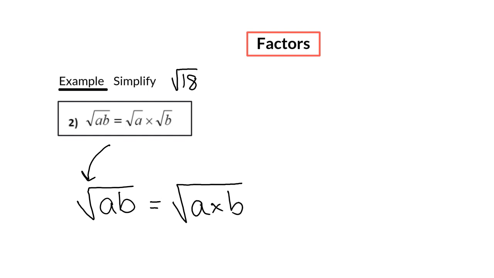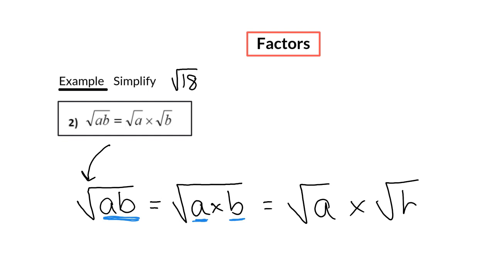What we want to do is split it into 2 factors that multiply together to give that number. And then once we have that, we can split them out into individual roots. And you notice that the square roots are separated here.